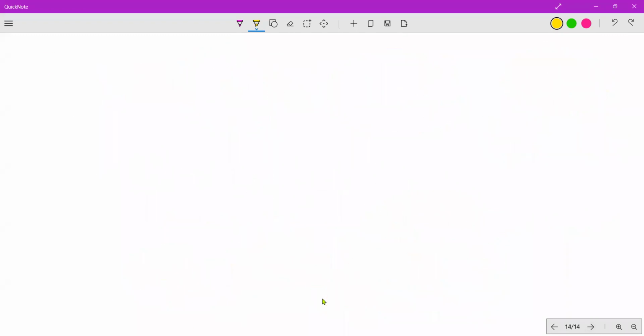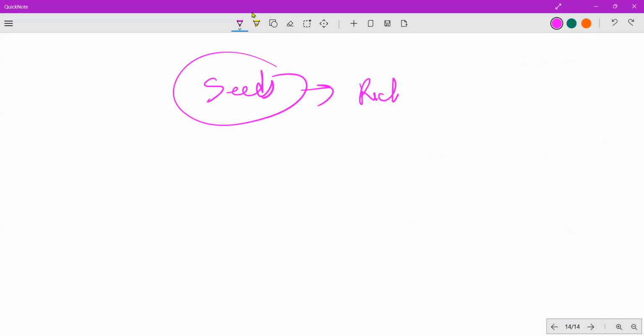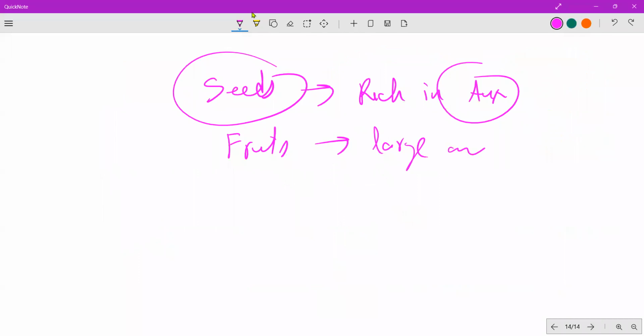Not only this, we also have seeds. Seeds are also rich in auxin. And fruits also contain a large amount of auxin. So all these parts of the plant contain abundant auxin. So this is also very clear.